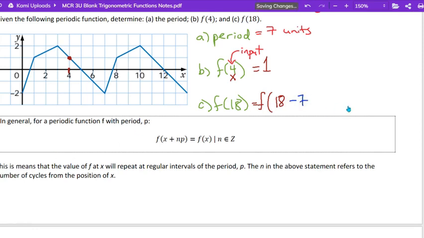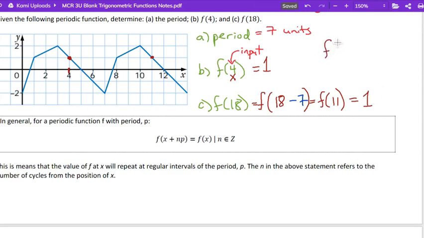I'm saying minus 7 because I want to get myself back to this graph. So 18 minus 7 is 11. That's good enough for me because now I can read the graph. If I didn't get to 11 and I needed to take away another 7, then I keep doing it. What is f of 11? Well, it's also 1.